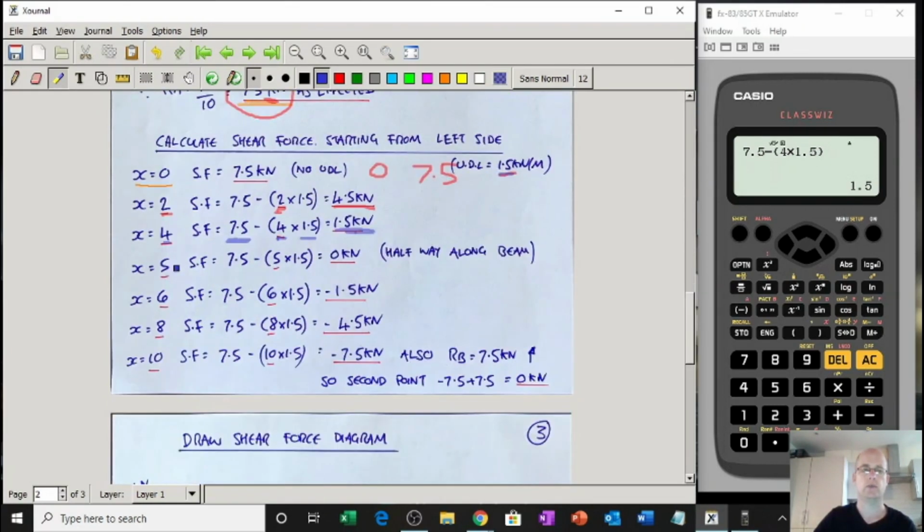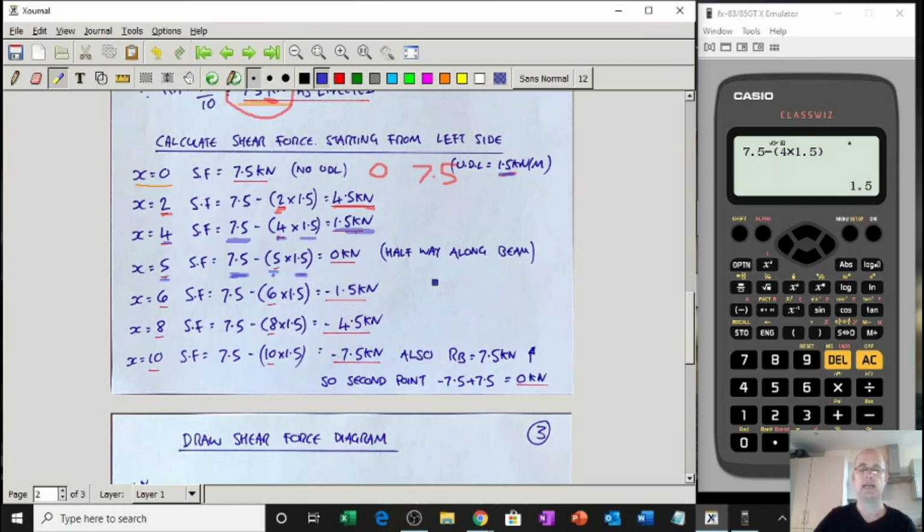So there's my 7.5 coming up, and I've got 5 meters worth of this 1.5 kilonewtons coming down. 5 and 5, look. So where there's 0 shear force, there's maximum bending.